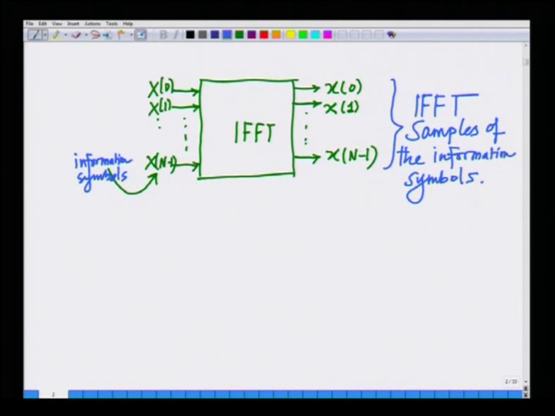Hence, the transmitted samples are small x0, x1, up to xn minus 1, which are the IFFT of capital X0, X1, up to Xn minus 1.